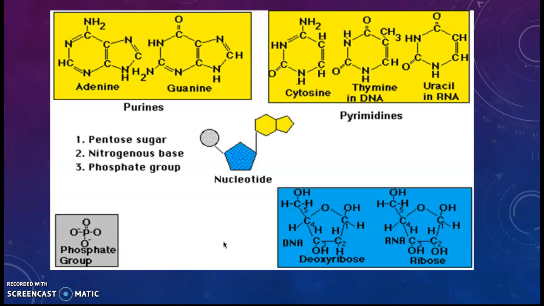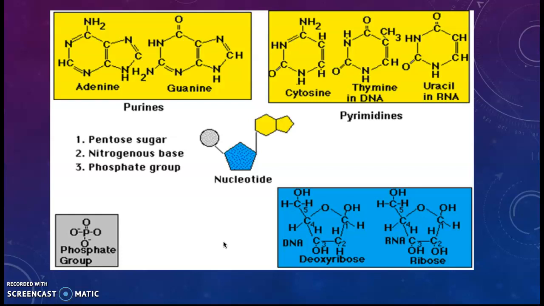The pyrimidines are cytosine and thymine in DNA, and uracil in RNA. So that means that the bases that make up DNA are adenine, guanine, cytosine, and thymine, and the bases that make up RNA are adenine, guanine, cytosine, and uracil. Thymine only exists in the DNA language, and uracil only exists in the RNA language.